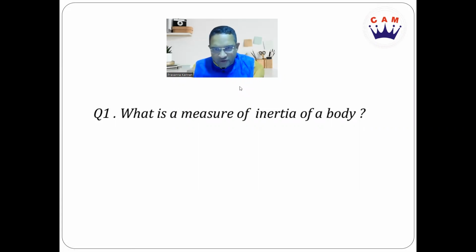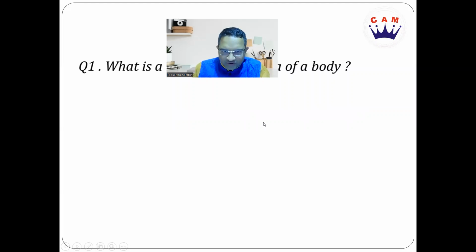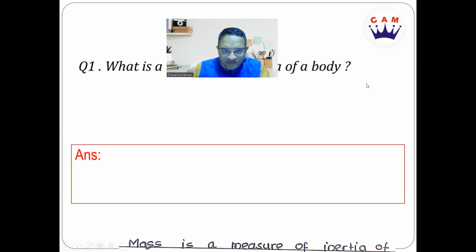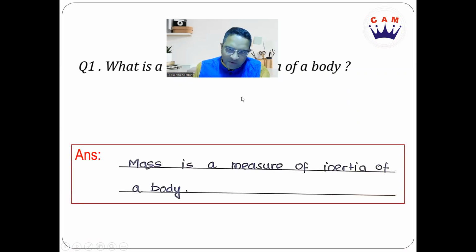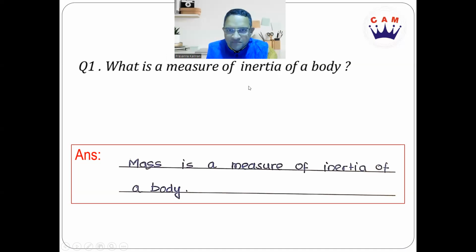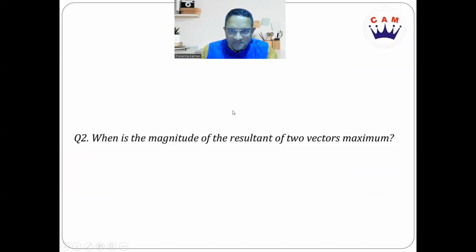Later, in rotational motion, you will learn that inertia is described by a term called moment of inertia. So in this context, the answer is mass. Mass is a measure of inertia of a body. Is that clear? Yes, sir. Excellent. Let's go to the next question.